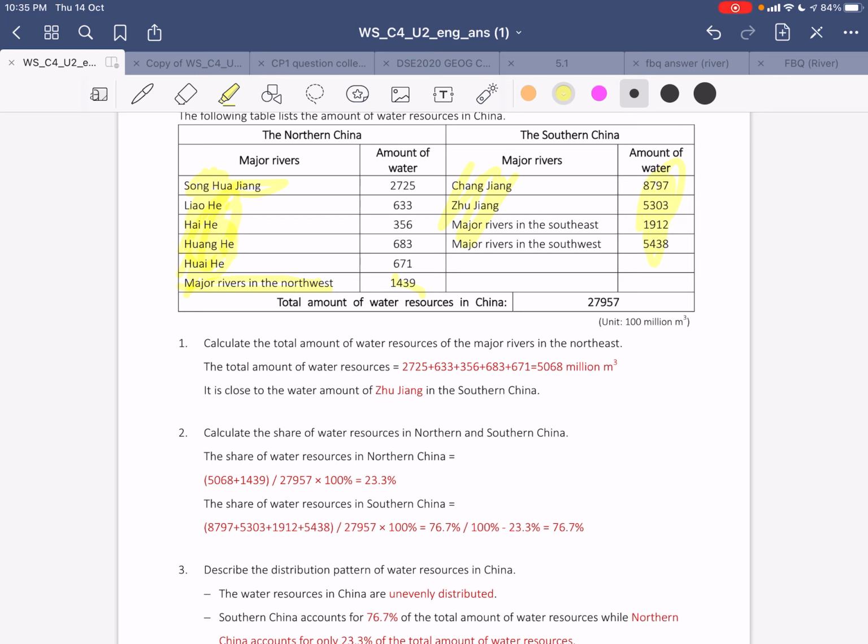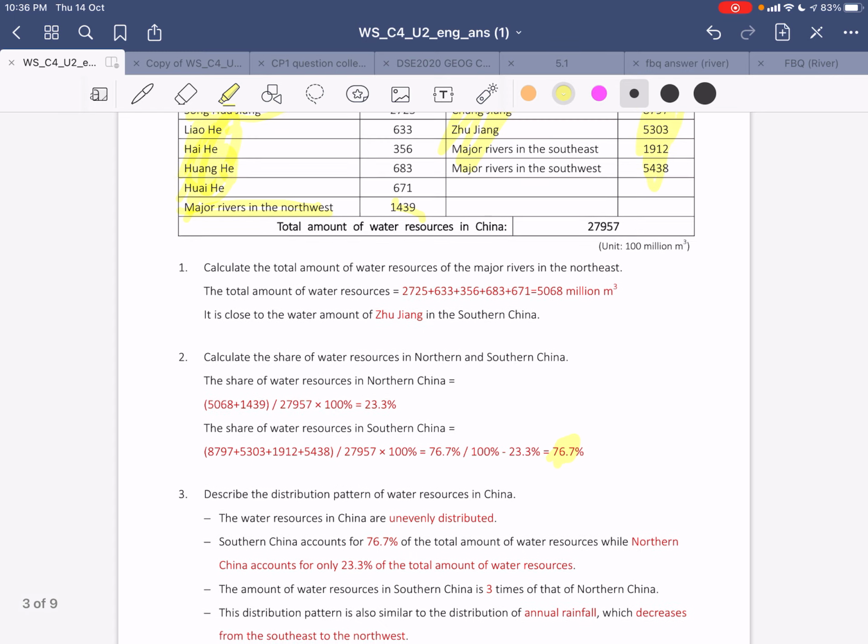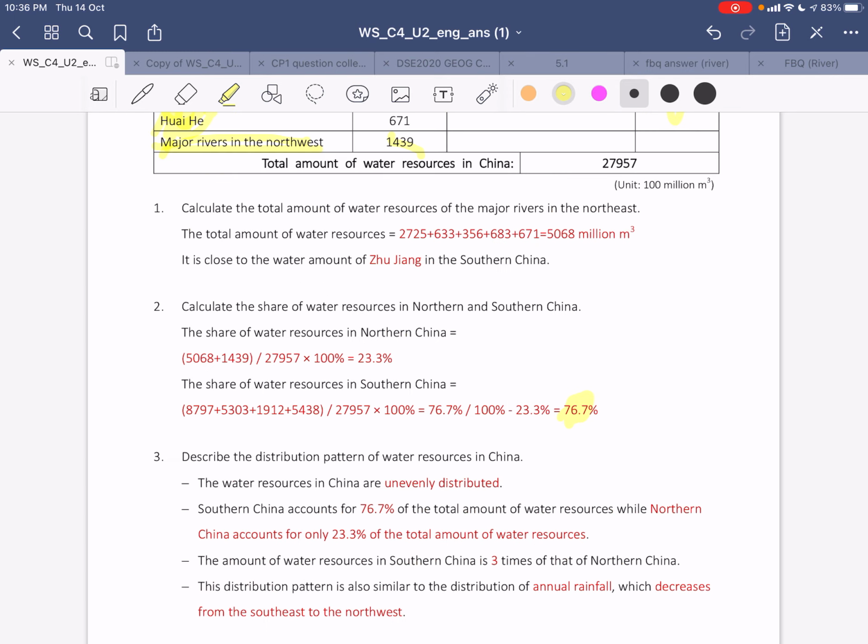So southern China has more water, comprising 76.7% of the total water reserve in China. So we can generalize that the water reserve in China is unevenly distributed.